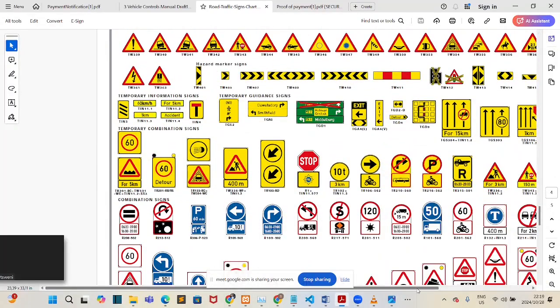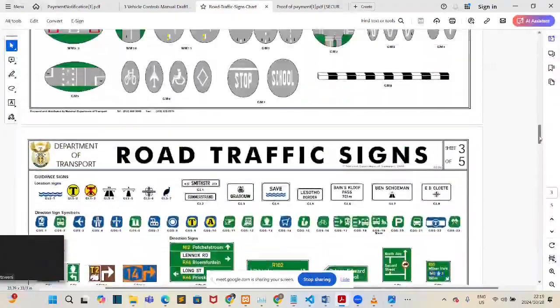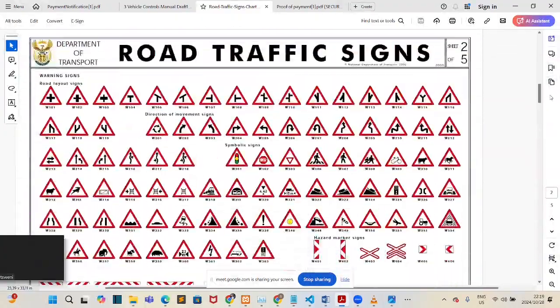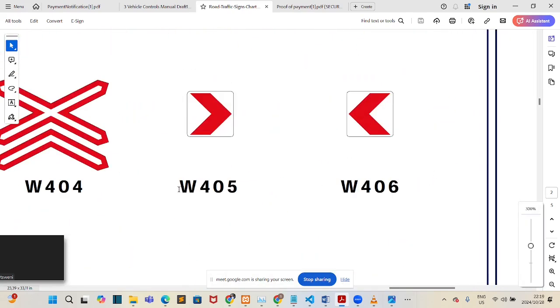These are combinations. All right, yeah, there it is. W405, that one, right?